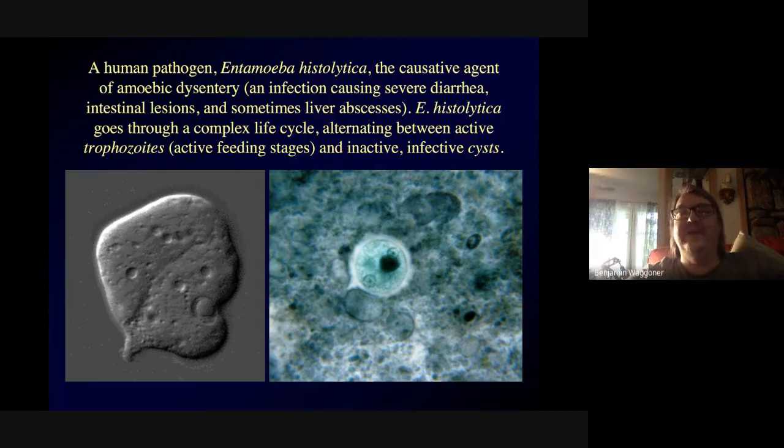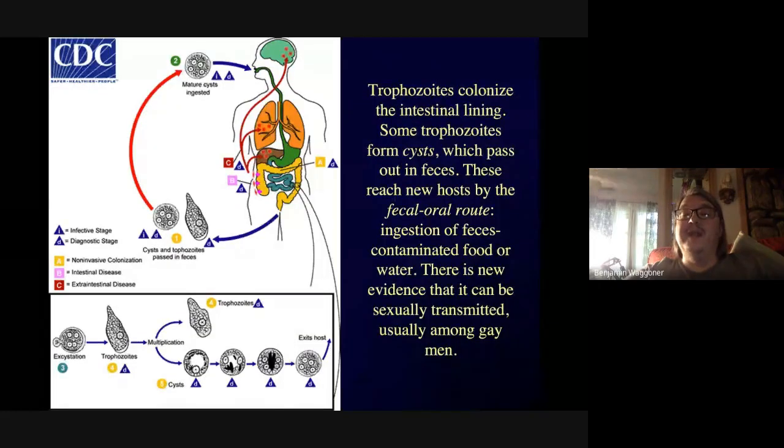If you take cysts into your body by the unfortunately named fecal oral route, which just refers to accidentally eating or drinking something that's been contaminated with feces, food prepared by somebody that didn't wash their hands, that sort of thing. The trophozoites colonize the intestinal lining.